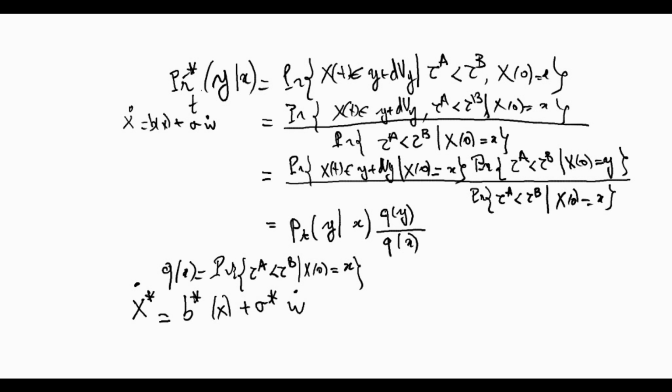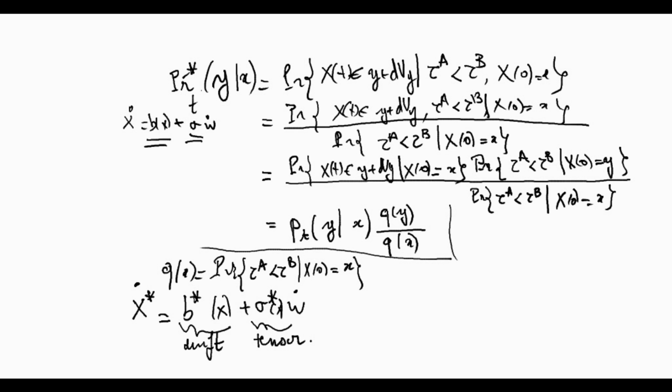And now we would like to characterize these new elements, which are the drift b star and the diffusion tensor, in terms of the elements of the stochastic equation for x, which are b and sigma of x, and the information coming from the transition probability function.